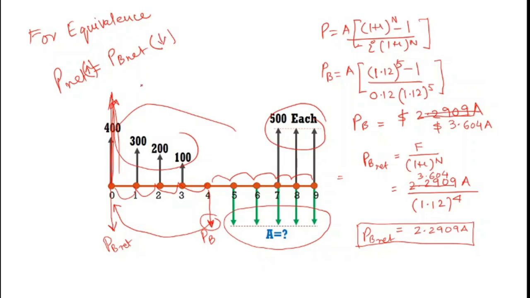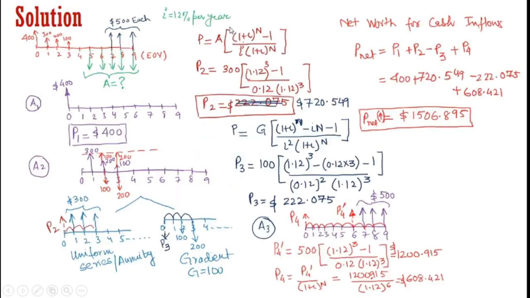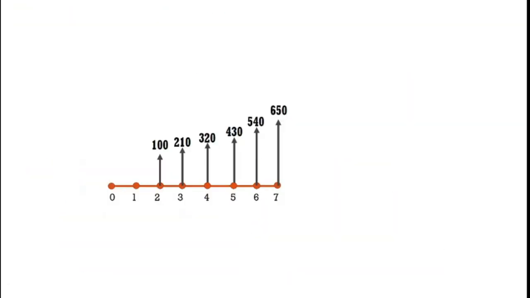So if I just equate, it will be 2.2909A equal to what we have computed earlier, 1506.895, let me check the numerical values.